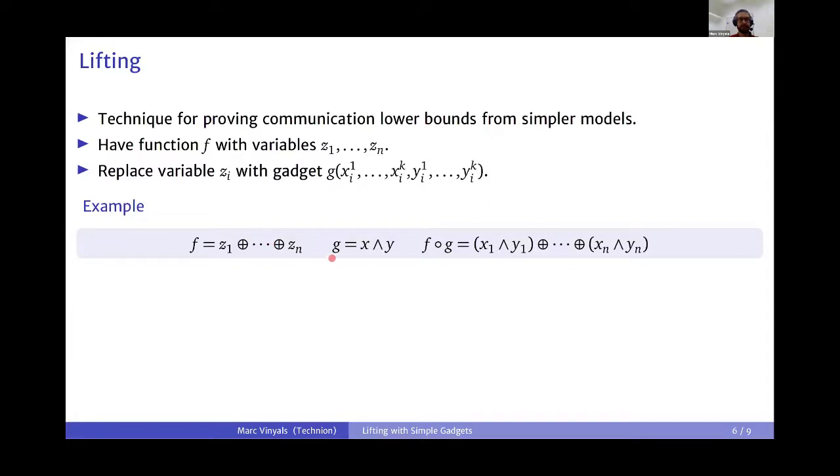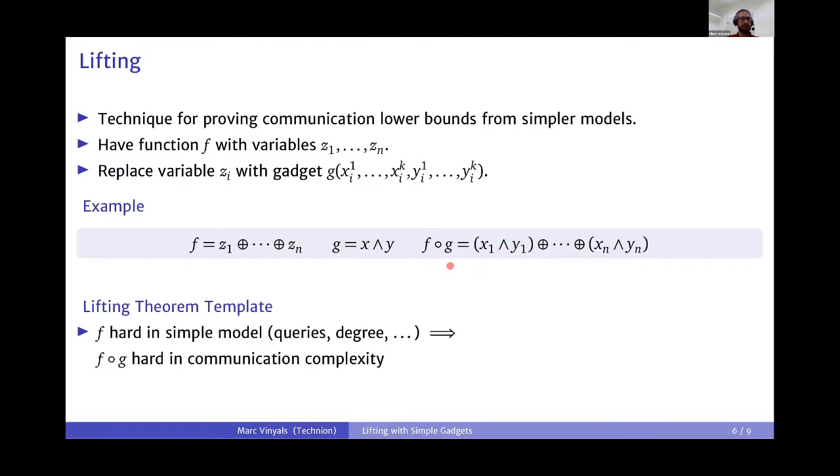So in this example, what we would get is this composed function that is potentially harder than the original function f. So now what the lifting theorem says is that if you can prove that the original function f is hard in some simple model, query, degree or something else, then we get a communication complexity lower bound for the composed problem f composed with g.